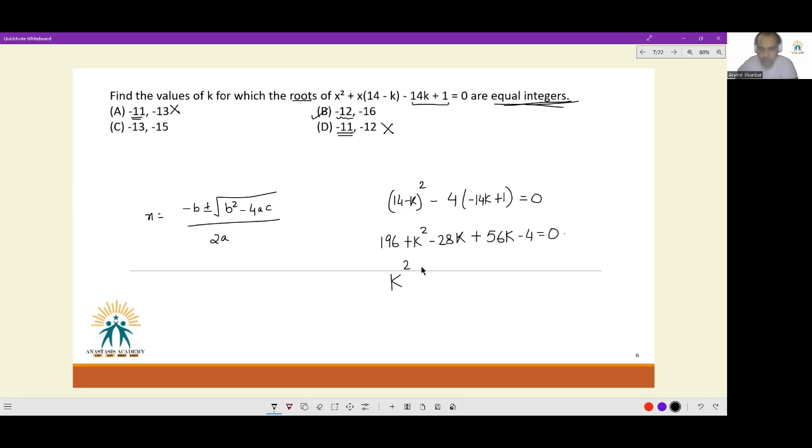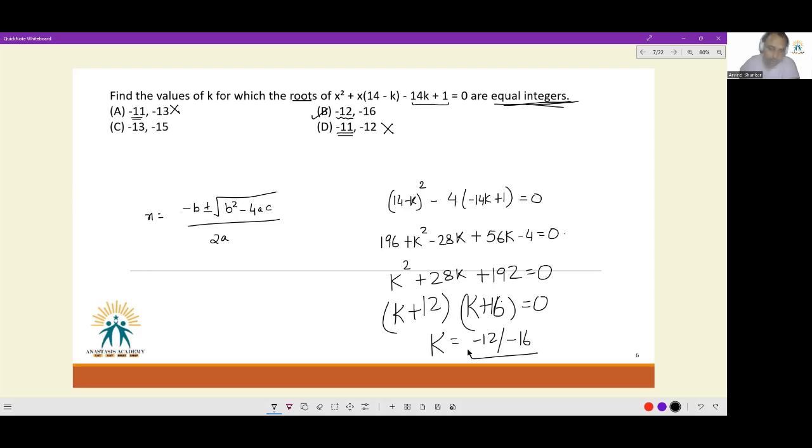Or we get k square plus 28k plus 192 is equal to 0. Or k plus 12, k plus 16 equal to 0. So k is equal to minus 12 or minus 16.